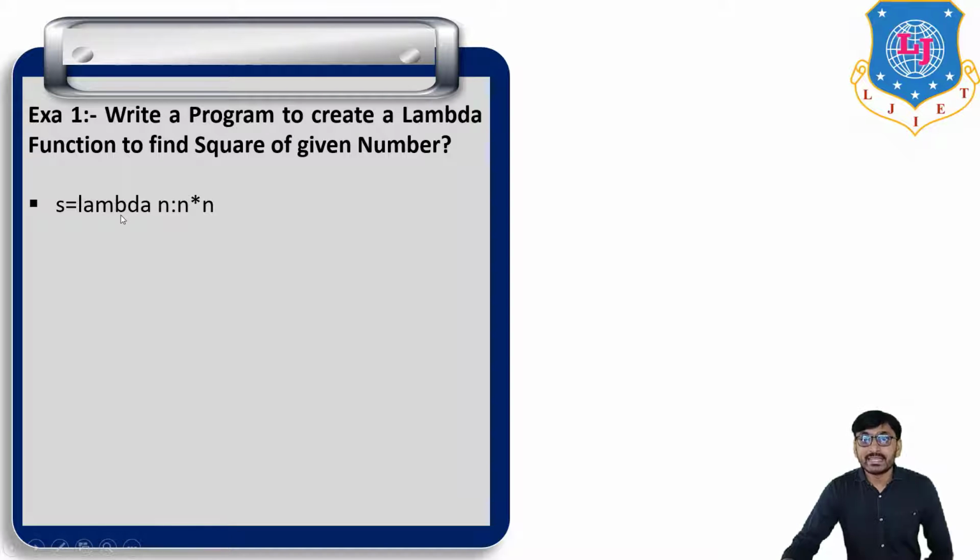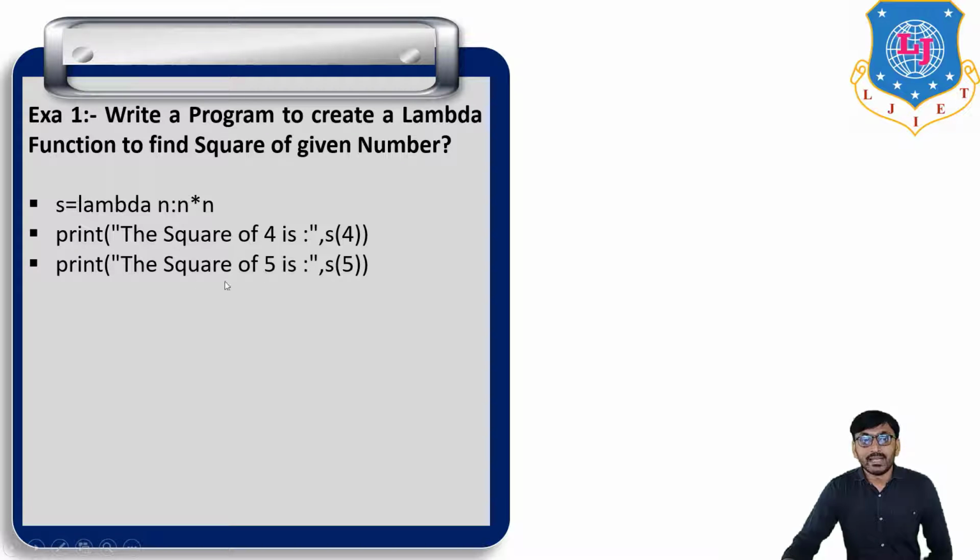Lambda is the keyword, n is the argument, meaning the given number, and n into n is the expression. So we find out the square of the given number. Now print the square of 4 is s of 4 and the square of 5 is s of 5.